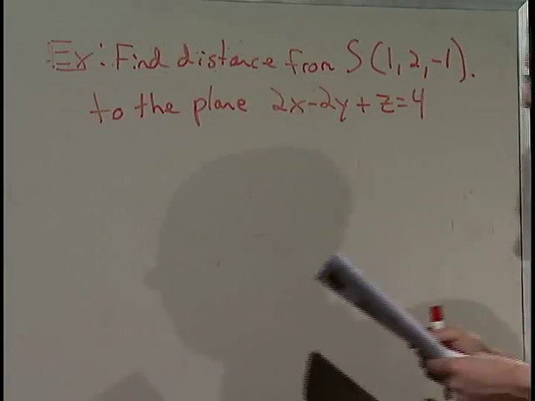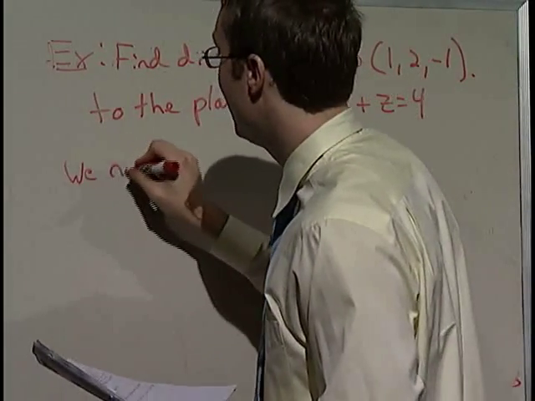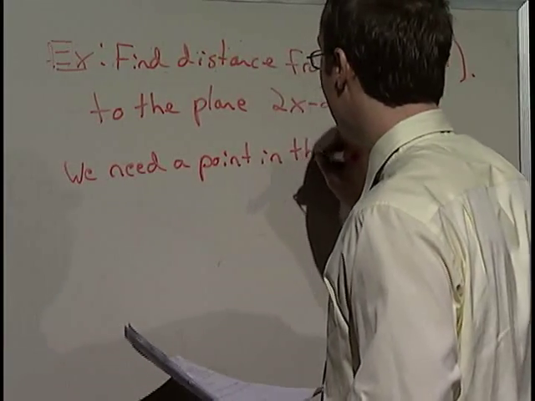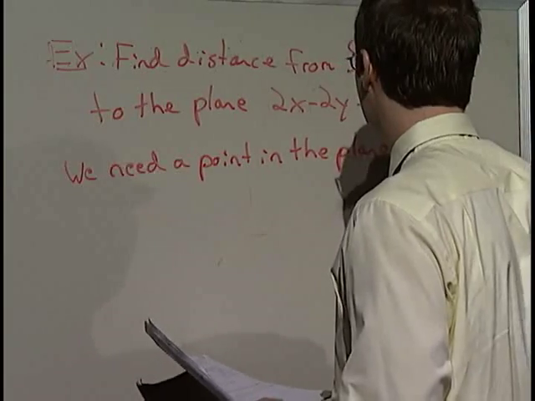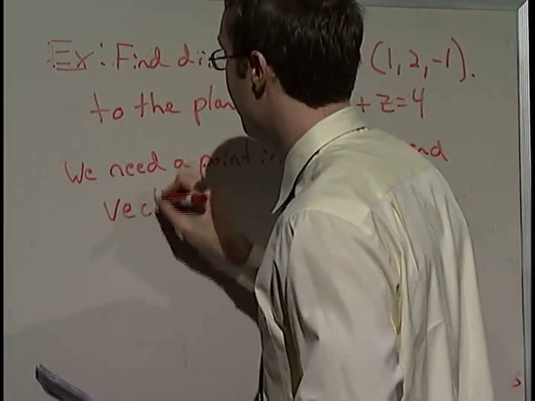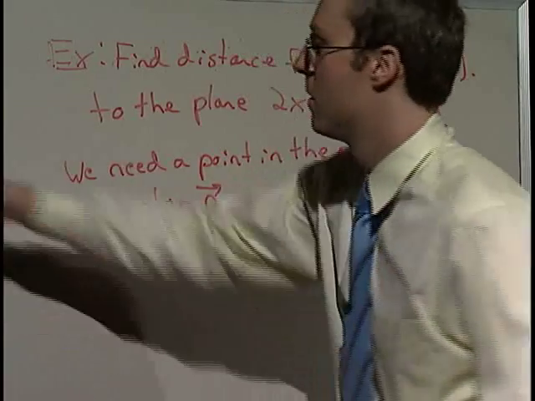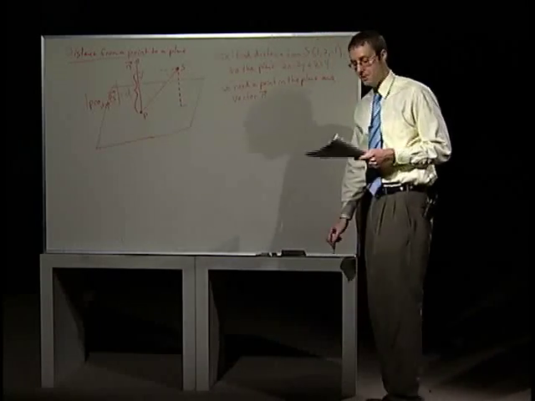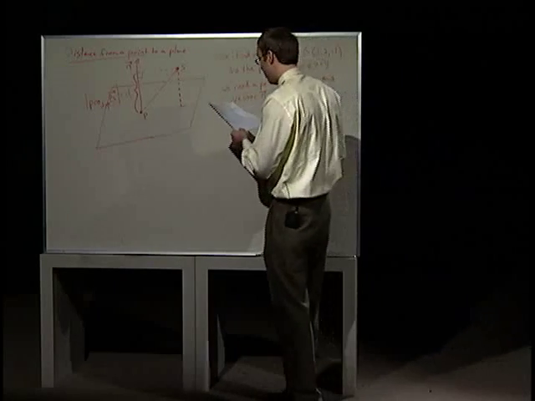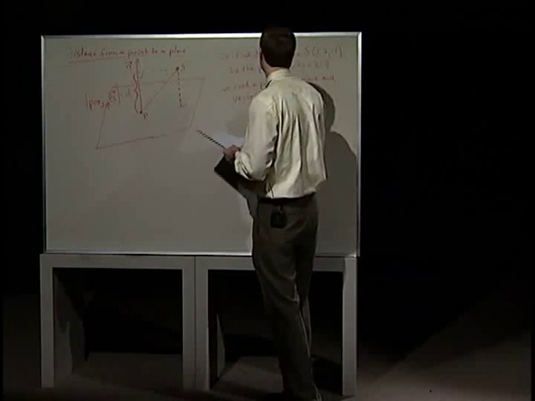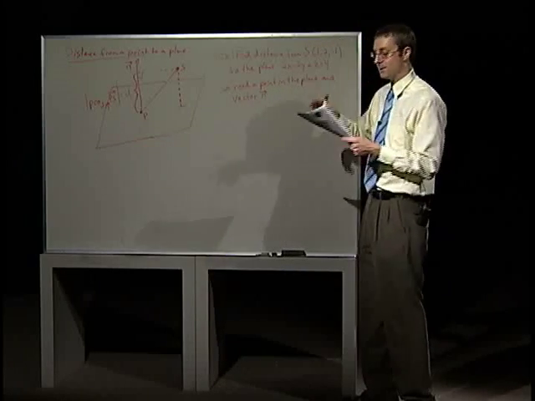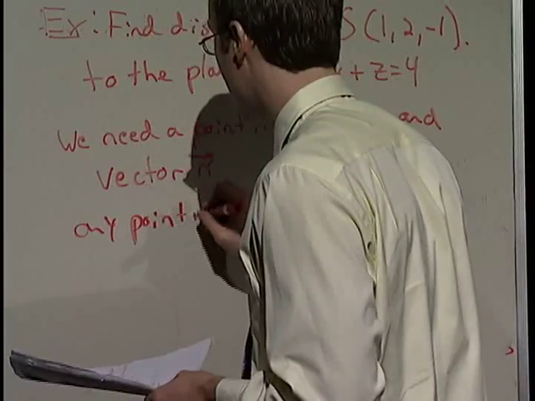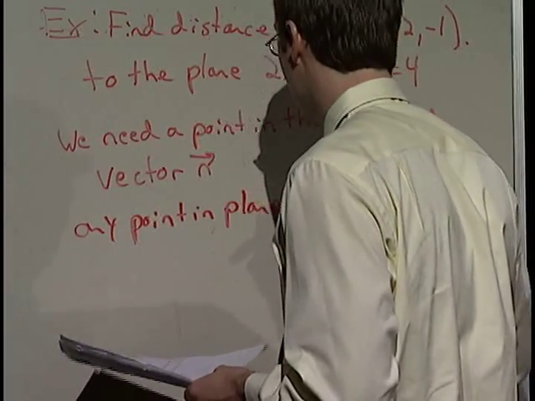Okay. So again, what we need here is two things: a point in the plane and the vector n, the normal vector, right? So we need P, we need n, and we can get that distance. Well, a point in the plane is easy to find. Any point works.